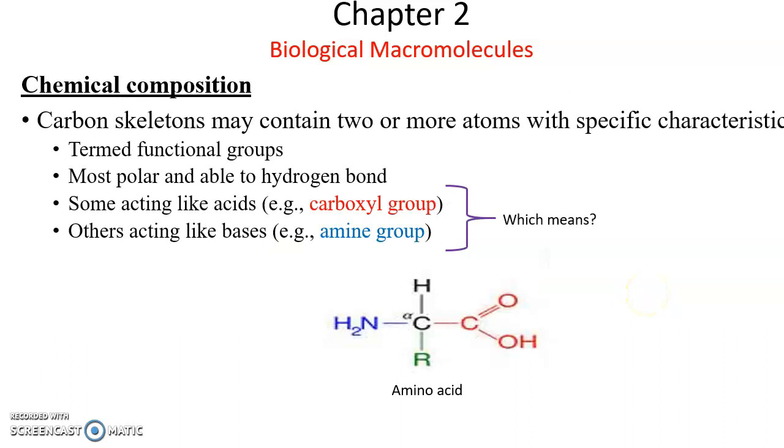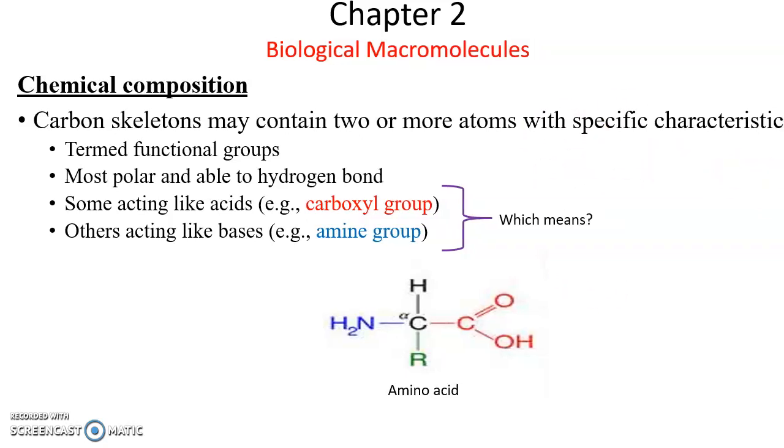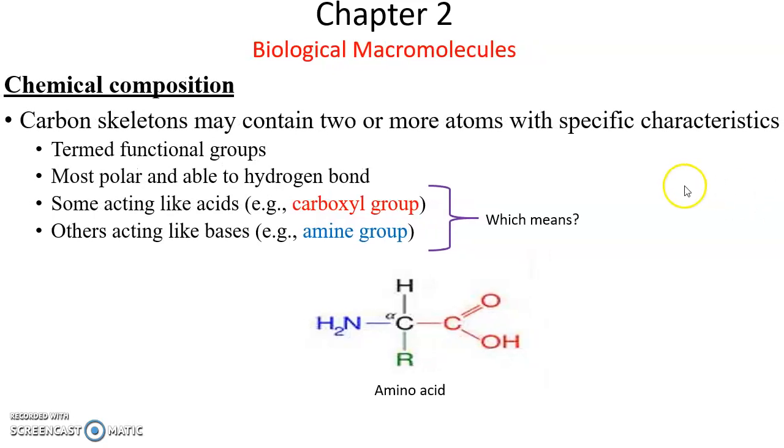Often macromolecules are shown as carbon skeletons where you don't really see the carbons that well. One thing that happens with the macromolecules, though, is we often have what are called functional groups. Functional groups are the reactive portions of an organic molecule. They might be polar, they might be able to form hydrogen bonds, they might act like acids, they might act like bases.